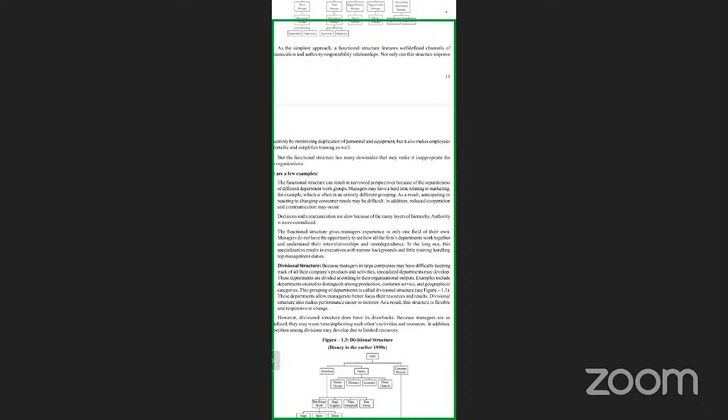In the functional structure, a manager has to experience more than one field and does not have the opportunity to see how the firm's departments work together. They understand that interrelationship and interdependency go together, but in the long run, these specializations may hamper growth and development. And so training should be provided.